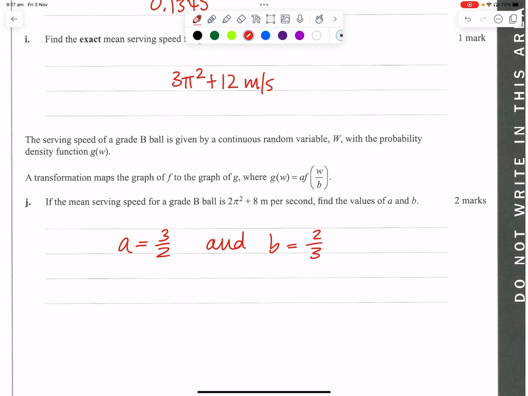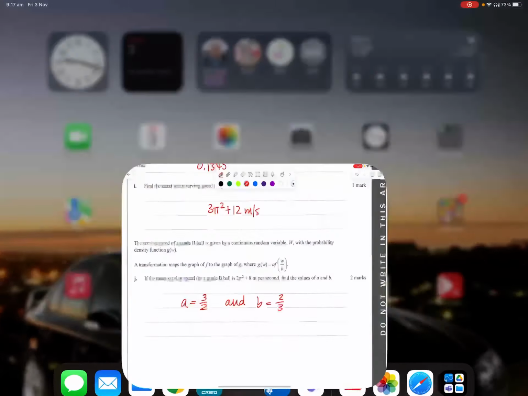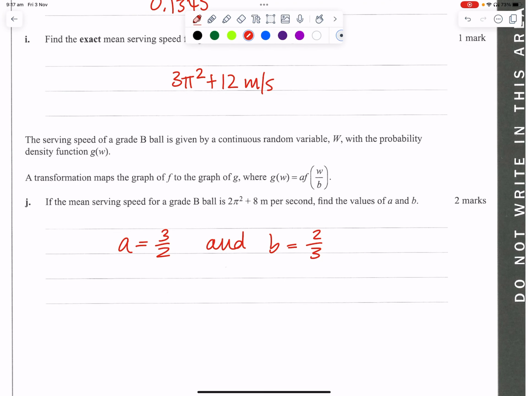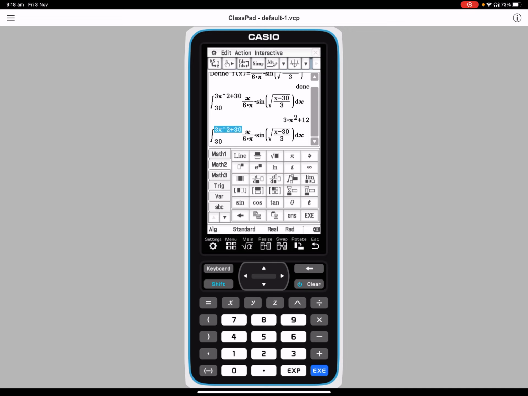We could test it. So we could say, what did it say the mean was? The mean serving speed. Did I define that function? I did. So here, now from the y-axis, if b is 2/3, then that's going to be 3 on 2.